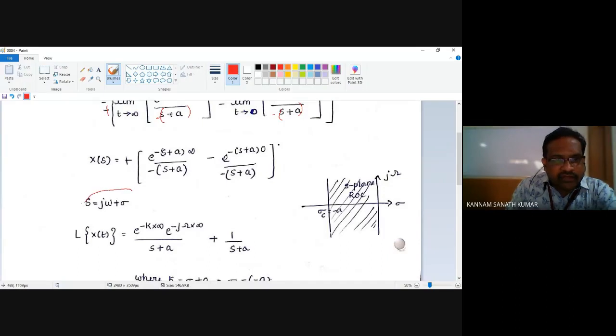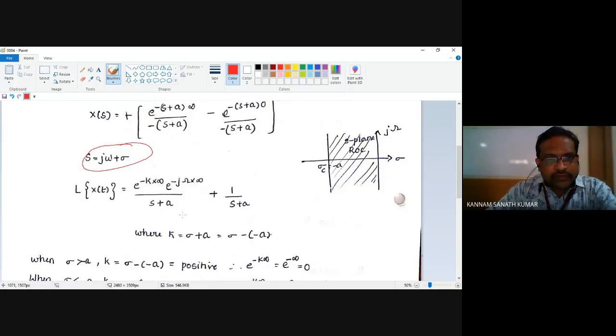So what is s? s equal to sigma plus j omega. Let us consider s plus a as a k value.